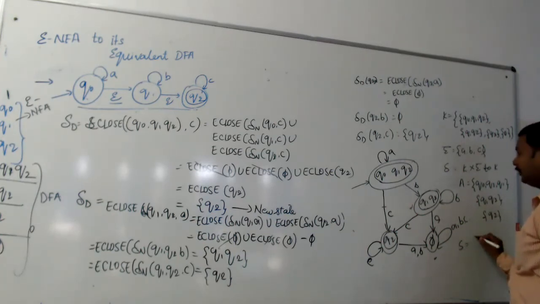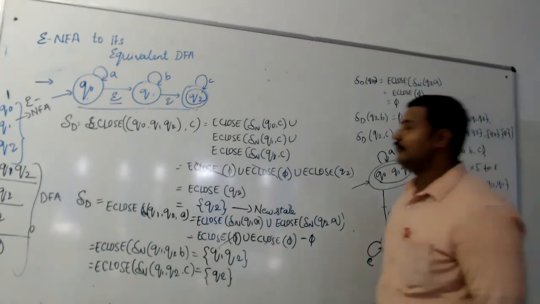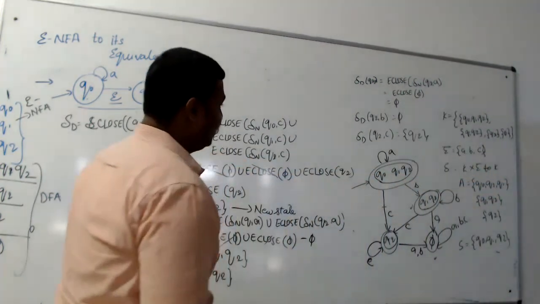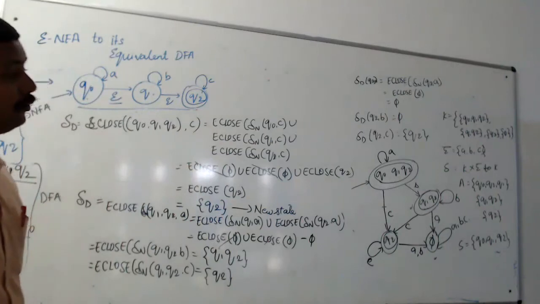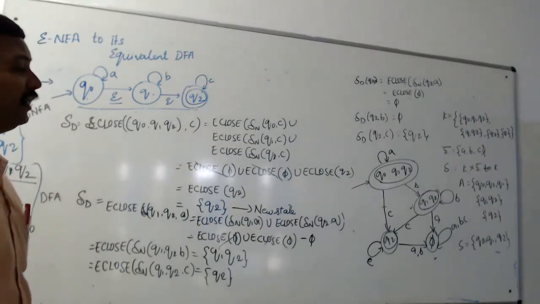And the starting state is Q0, Q1, Q2. This completes your conversion from epsilon NFA to its equivalent DFA.